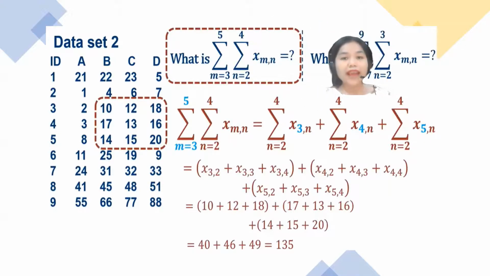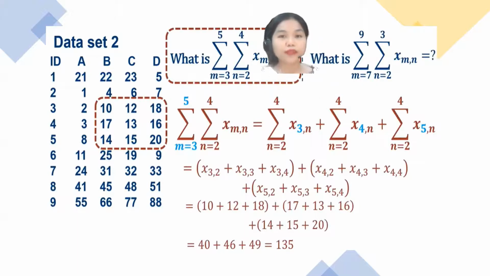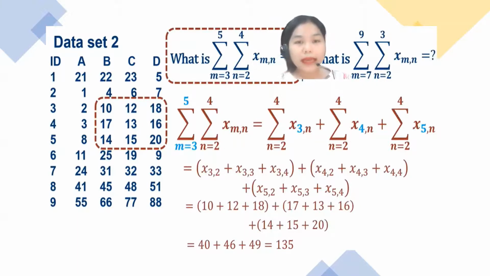So summation of XMN as M goes from 3 to 5 and N goes from 2 to 4. So, saan ba dito? Anong variable? Ang nire-represent niya ay ang row. Okay, it's M. At saka yung variable naman na nagre-represent ng column ay ang N. So, alam natin, ang gagamitin natin na data set ay yung nasa M, third hanggang fifth row.